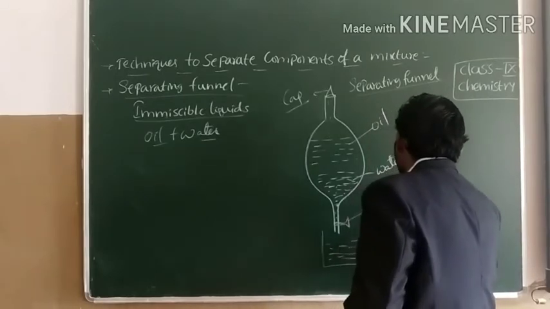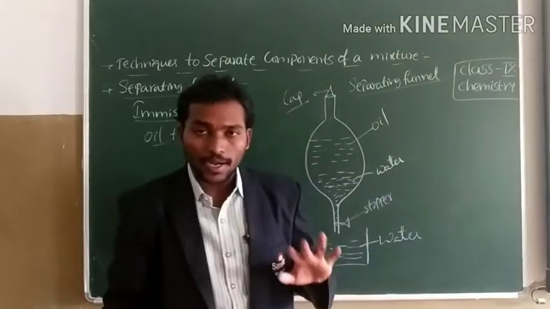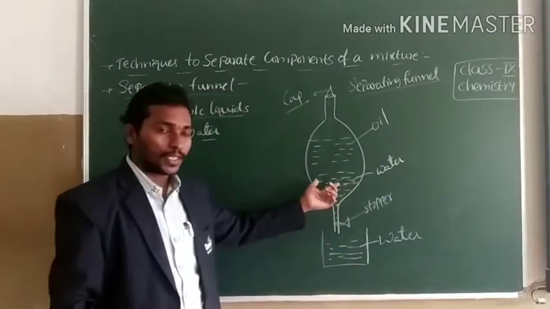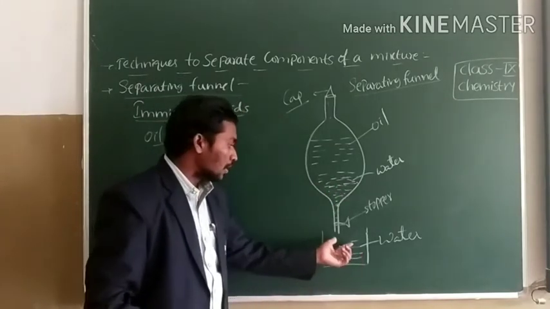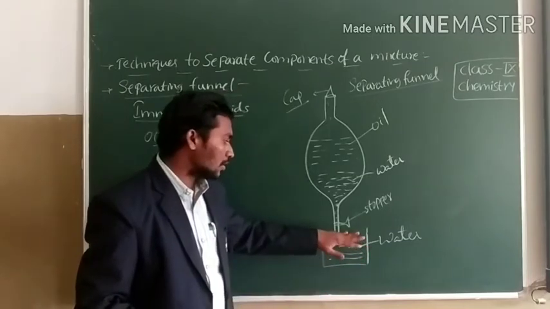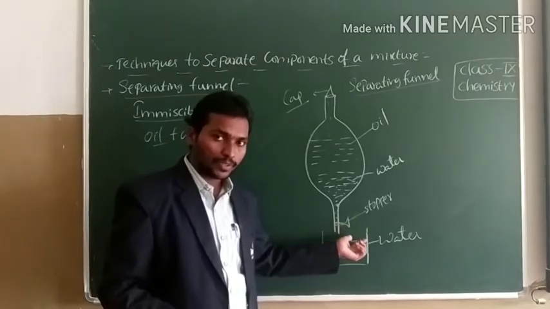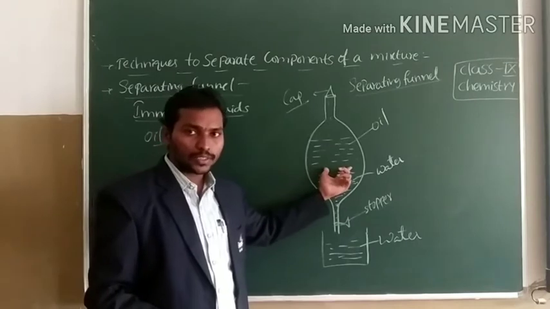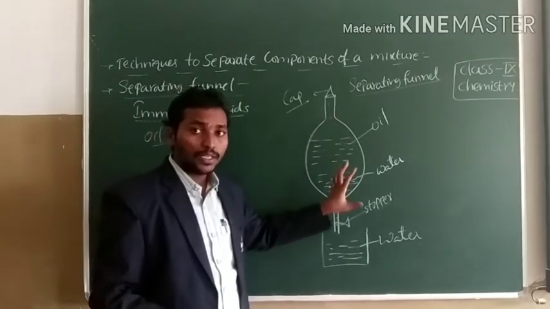That means here we first separate water, because water has higher density than oil. That's why the high density liquid is separated first by the separating funnel technique. After completely separating water, we can turn off the stopper. Then the other liquid, which has low density, is left behind and remains in the separating funnel.